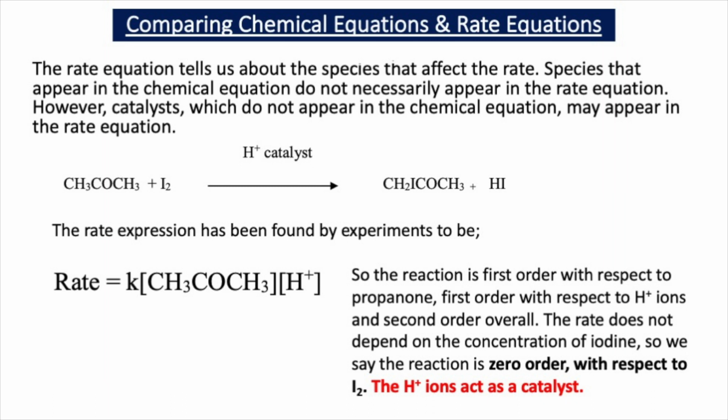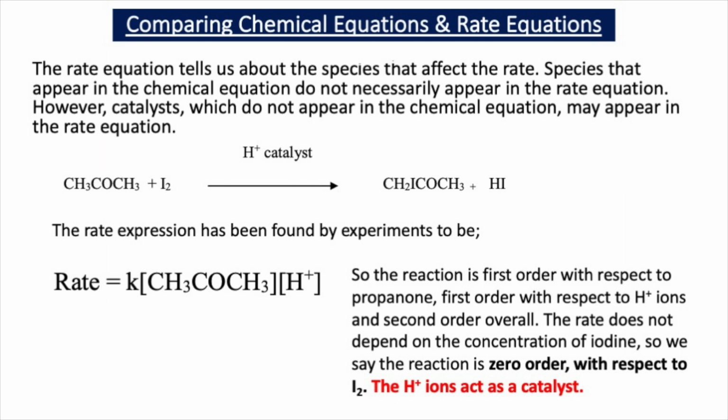Now if we take the reaction of propanone and iodine, H plus ions act as a catalyst here, and the rate equation has been found experimentally to be as follows. Rate is equal to k times the concentration of propanone times the concentration of H plus ions. The reaction is first order with respect to both the concentration of propanone and the concentration of H plus ions.